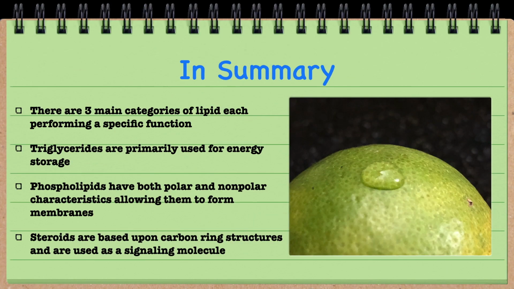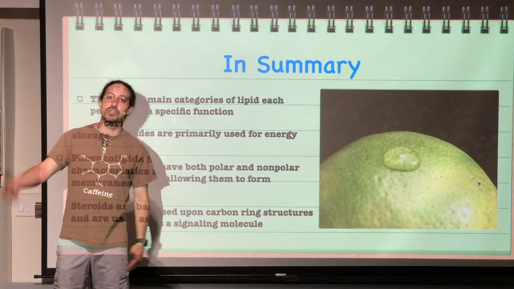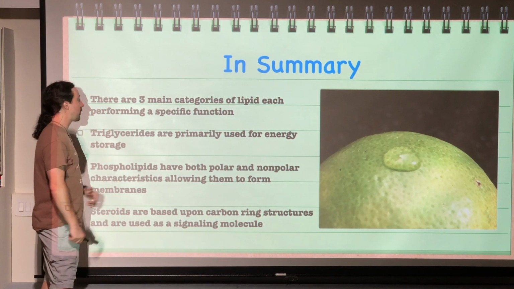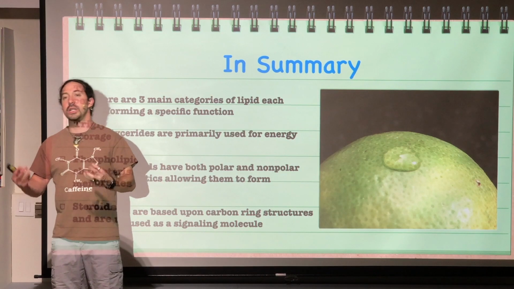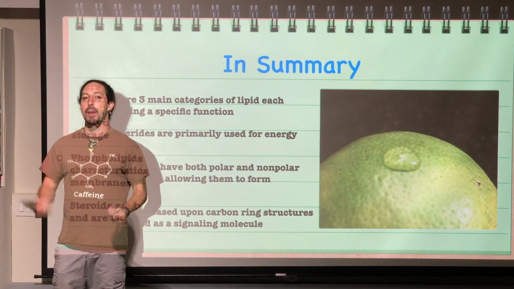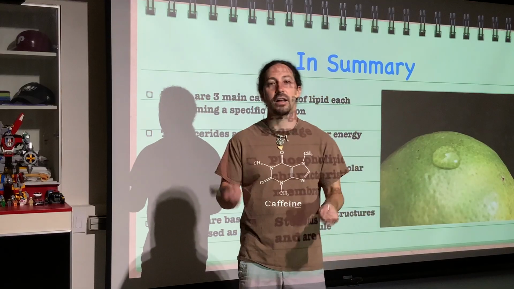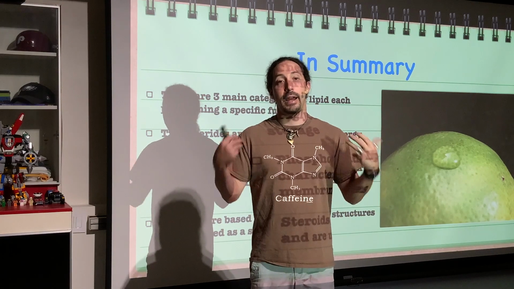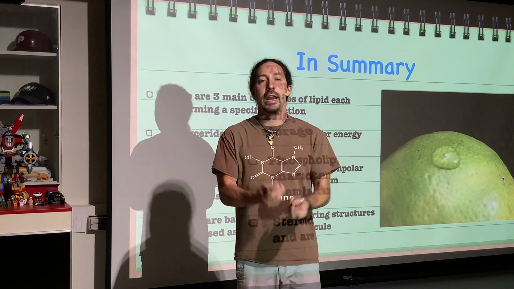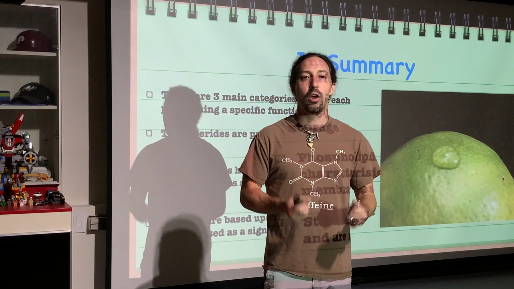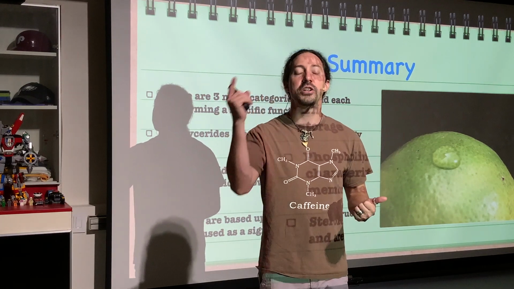So in summary, look, there are three main categories of lipids, and each one performs a specific function. Triglycerides, they are used for energy storage. Phospholipids, those are going to be used to form the membranes of every single cell in existence. It works because of that amphipathic character. If the membrane of a cell was polar, water would dissolve it.